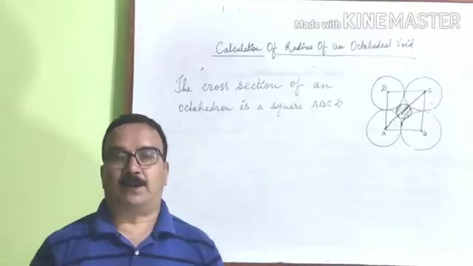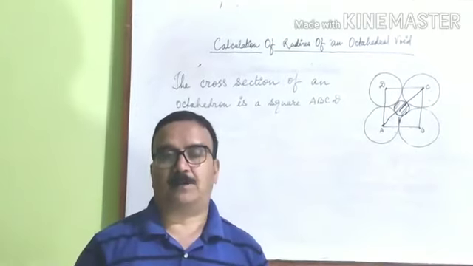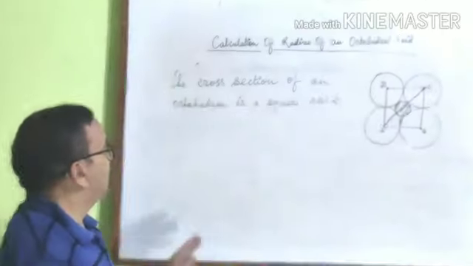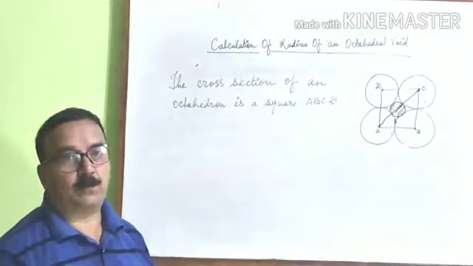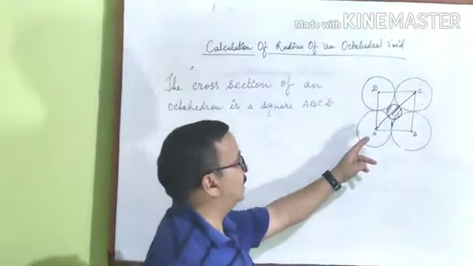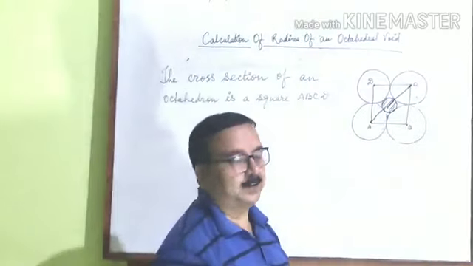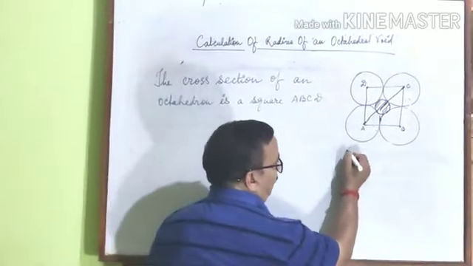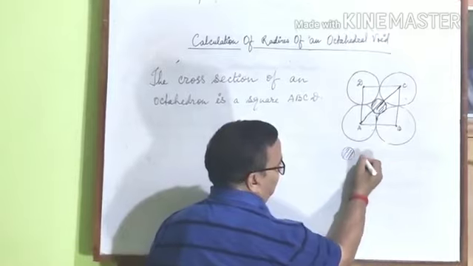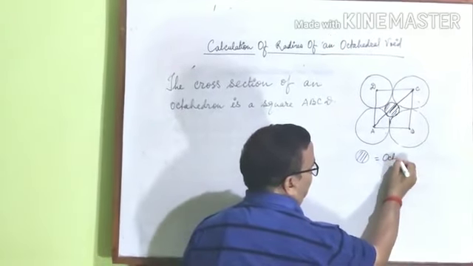Now let us calculate the radius of an octahedral void. The cross section of an octahedron is a square ABCD. This shaded sphere is the octahedral void.